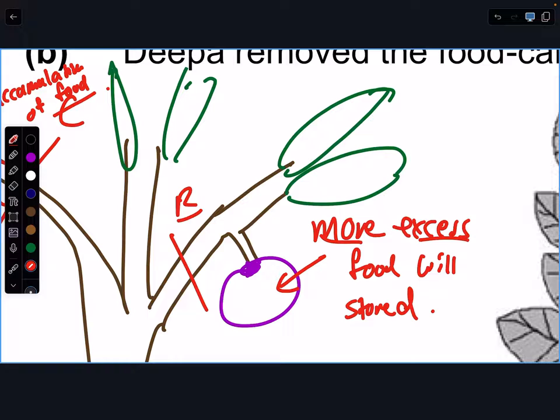If your plant is already starving, do you think it will produce fruits? No, it wouldn't. It's all excess food. So it's more excess food and your fruit becomes bigger. That is the outcome.